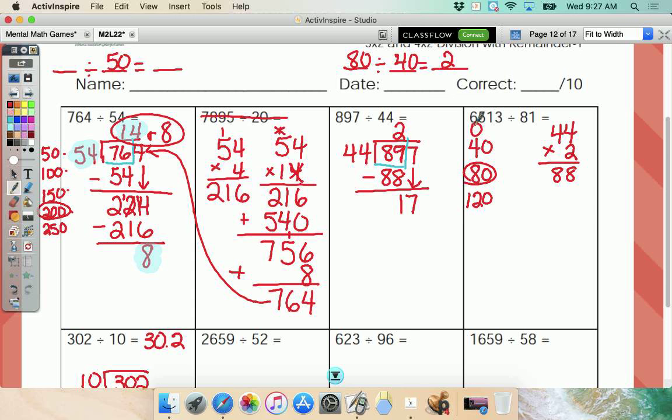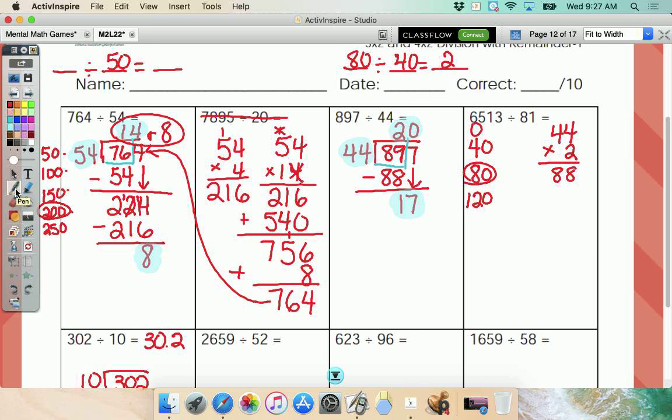Or if you know it's smaller than any of them, you don't have to write the 0, but you have to know that 0 goes at the top. And then somebody said, but then what do I do with the 17? Well, if I do this like I'm used to, what do I do with the 17? It's your remainder. It's my remainder. So I'm going to add it in at the end.